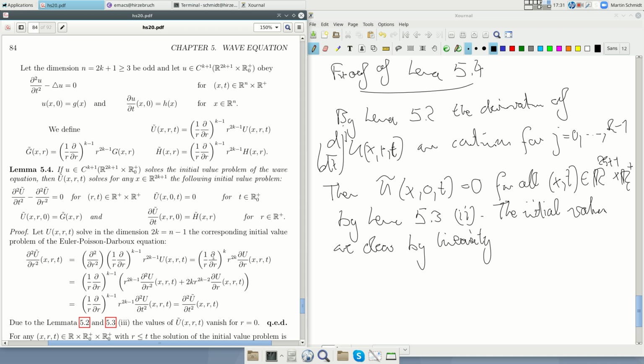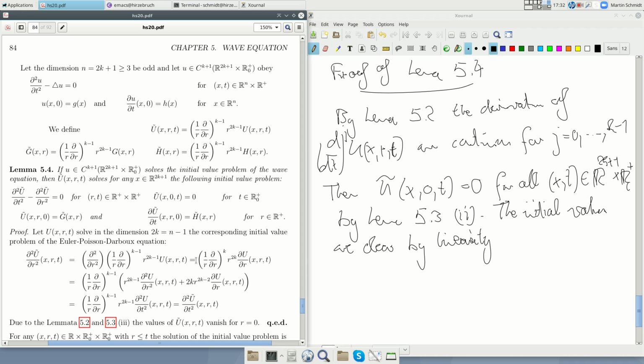And here we let this derivative act on this power, so we get this 2k, and this diminishes by 1, and we have 1 over r from the first factor. This diminishes by 2, so we get this 2.